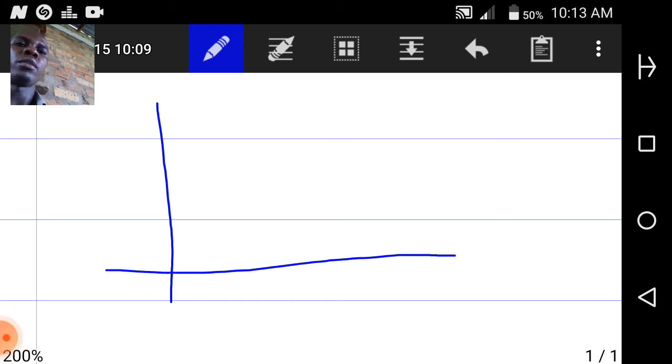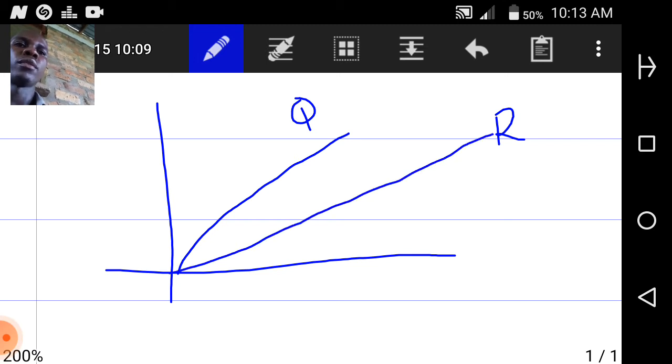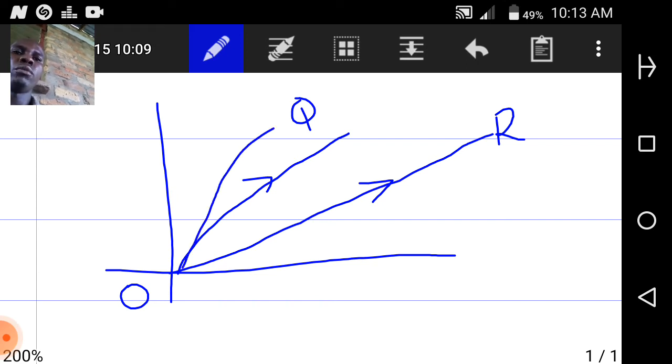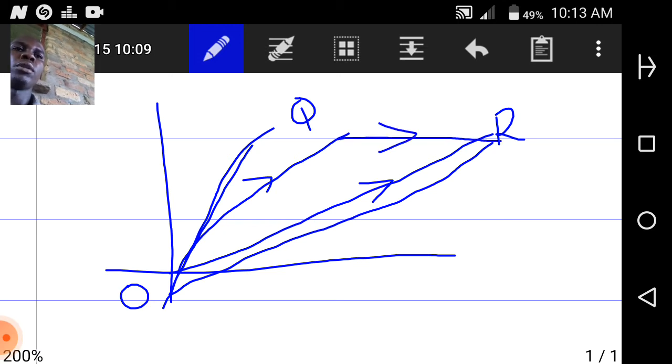This is going to be Q and this is going to be R, assuming this is our origin O. In simple terms, when we want to move along QR, it is the same thing as QO plus OR, so we have reached QR. This is the same thing as the displacement QR, moving from Q going to R.